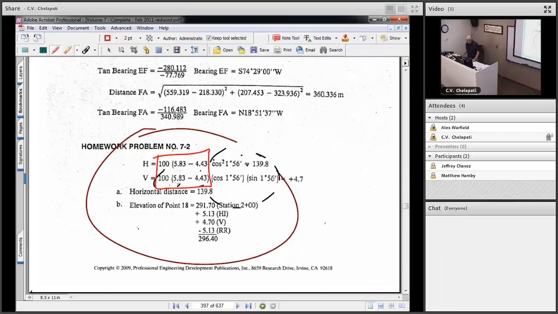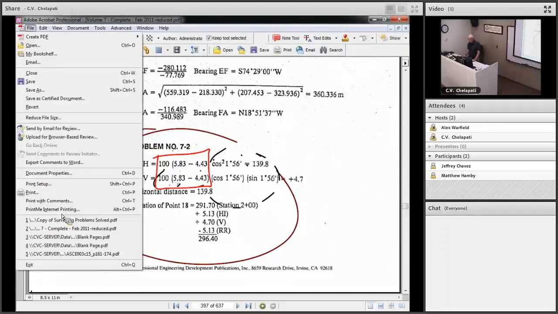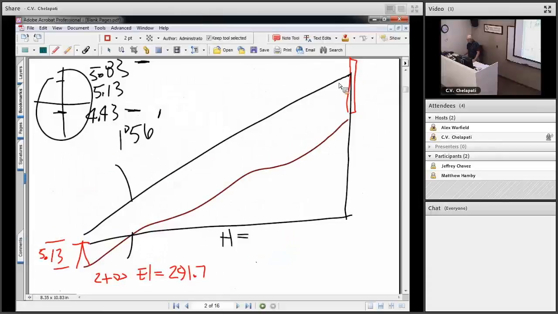But because we're looking at it on an angle, there's some little bit of geometry going on there. Basically, you've got this little right triangle here that you're solving for, okay? That's what's going on there.